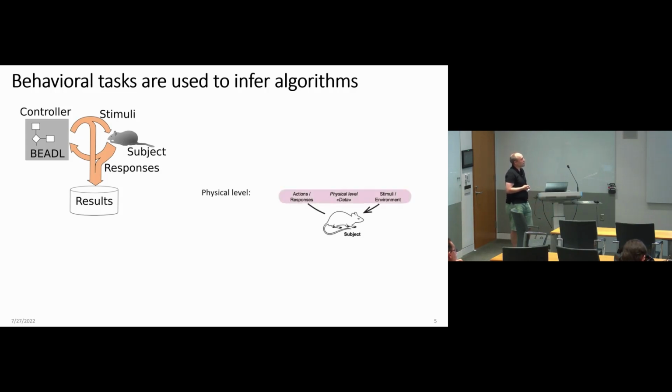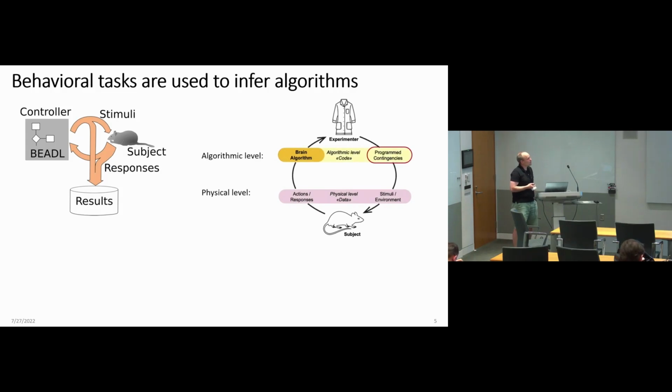What we actually want to do is program specific contingencies that describe the task, see the reaction of the subjects, and from the reaction of the subject try to infer the brain algorithms. And with BEADL, we try to have a big impact on how we can describe these programmed contingencies.